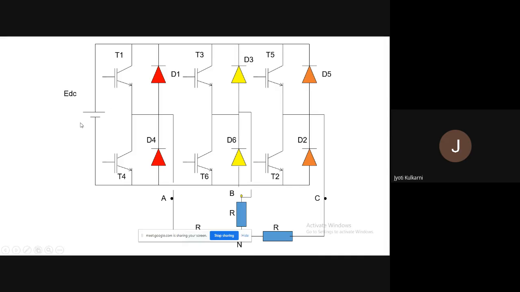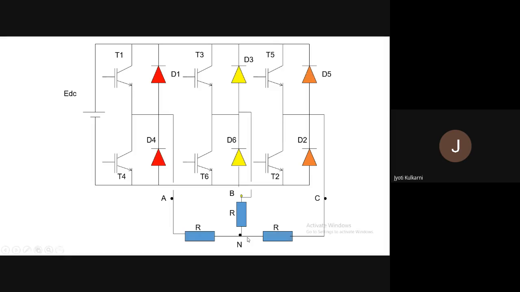This is the input DC voltage EDC we have given. Then this is the three-phase load, having three branches R, R, R. This is called a three-phase inverter of IGBT and star connected load.